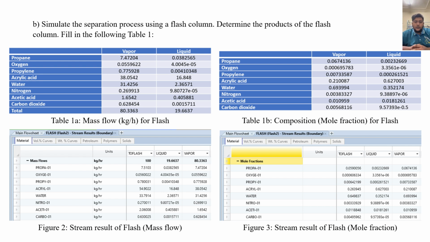Now we are going to look up figure 2, stream result for the flash mass flow. And the third figure shows stream result of flash in mole fraction.